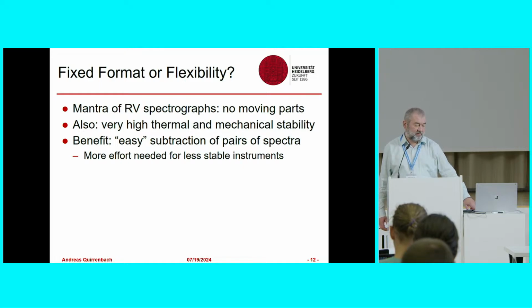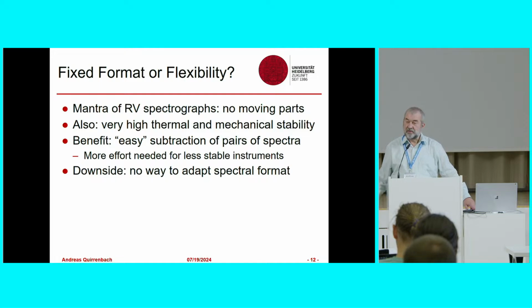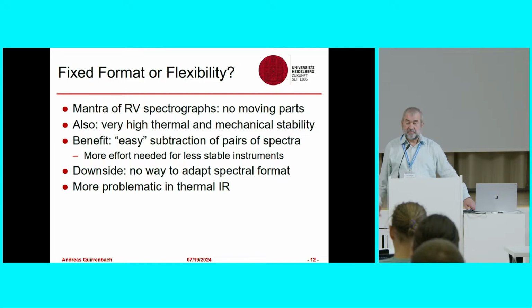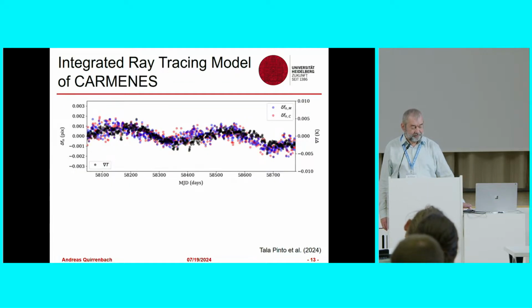They are great for transmission spectroscopy. The downside is there's no way to adapt the spectral format. It was fixed and then kept forever. This is more problematic in the thermal IR because then it's much more difficult to subtract the thermal effects.